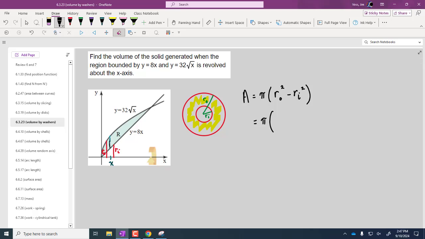It's the distance from the axis of rotation all the way to the outer curve. There's the outer curve, so 32 root x. And then we have to square it, so 32 root x quantity squared, minus the inner radius, just 8x, that's the first function that we come to, and that has to be squared.